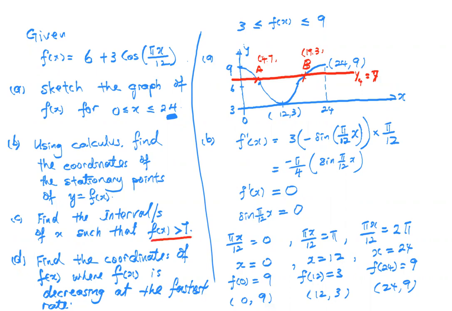So that is what it means. Got it? So the interval for this one will be x between 0 and 4.7, and the other one is x between 19.3 and 24.